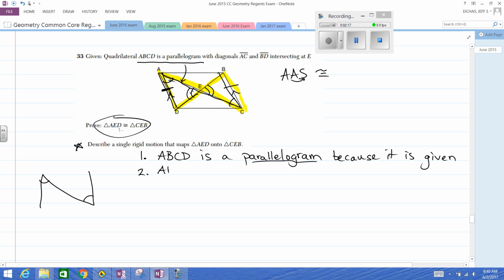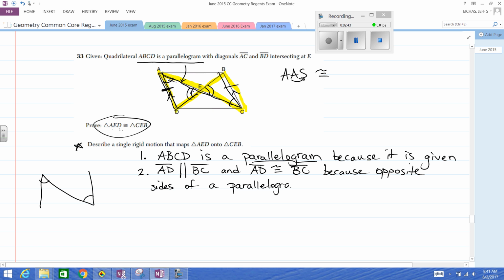AD is parallel to BC, and AD is congruent to BC. You can split those up, but I'm going to put it in as one, because opposite sides of a parallelogram are both parallel and congruent.